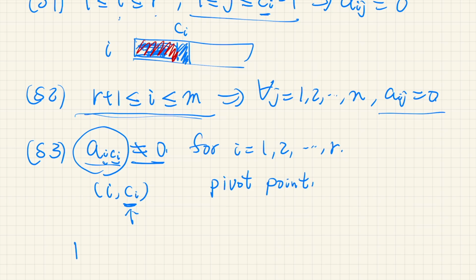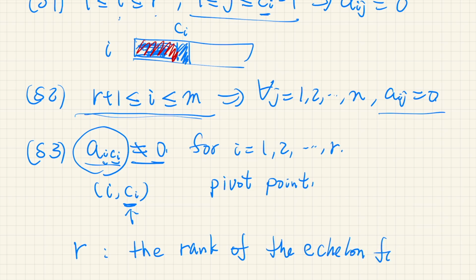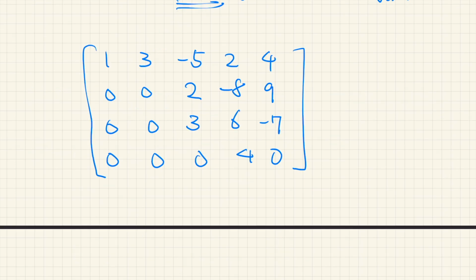And the number r, the number of non-zero rows in the echelon form, is called the rank of the echelon form. This notion of rank is important, and we'll come back to this later for more general matrices, not just the echelon form.